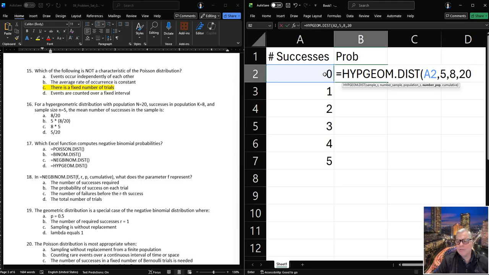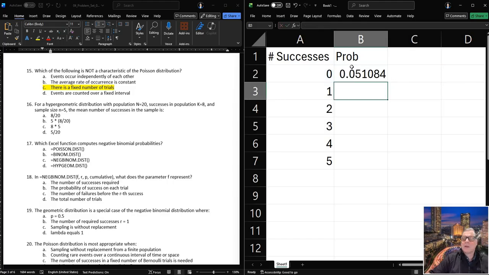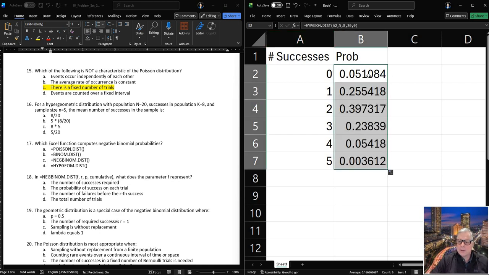So 12 are basically non-successes. And then I want it to be 0. So now I can calculate this and copy it down. And you can see that the sum of all those probabilities is 1.